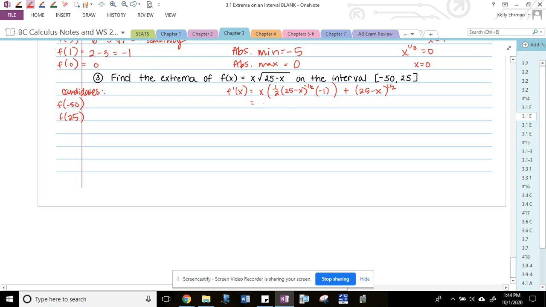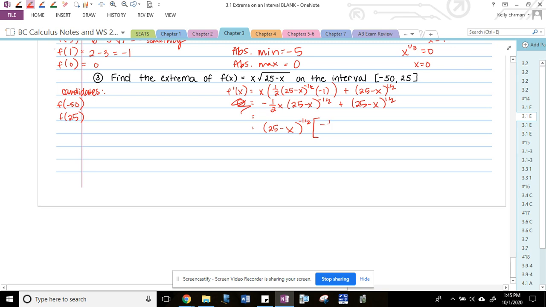If I clean this up, -1/2 x times 25 minus x to the -1/2 plus 25 minus x to the 1/2. This is where factoring is important. We're going to want to set this equal to 0, so we need to factor it to make life easier. I can factor out 25 minus x to the -1/2.